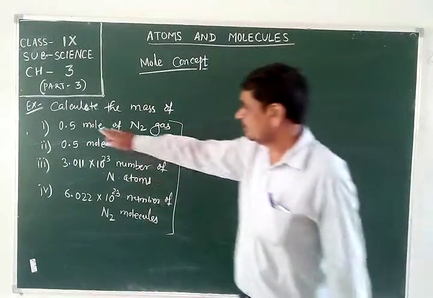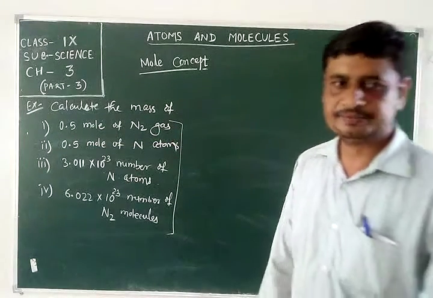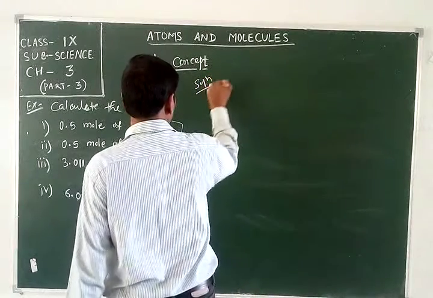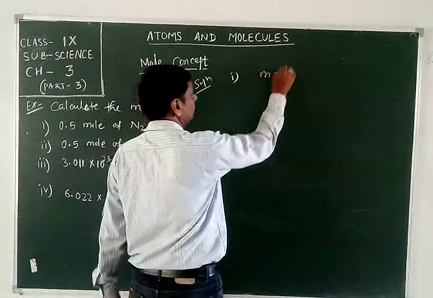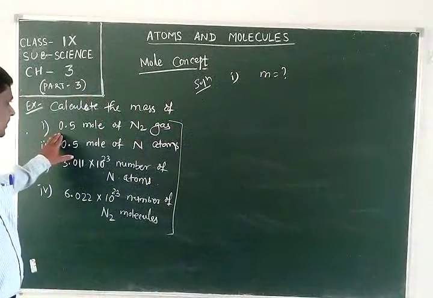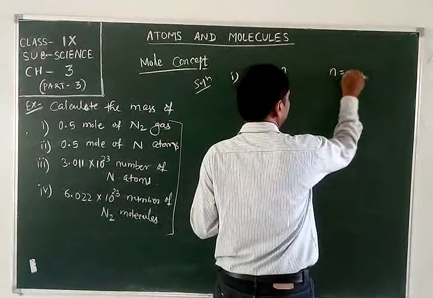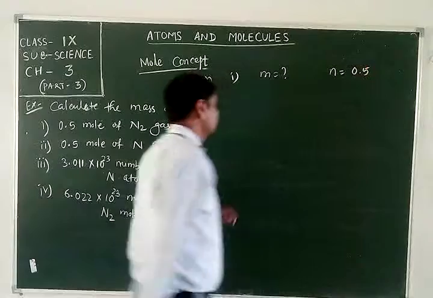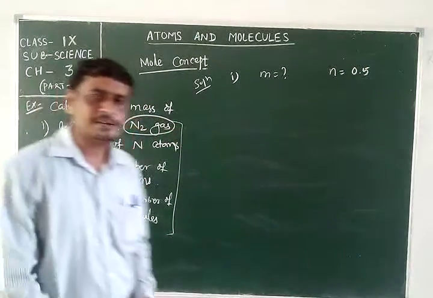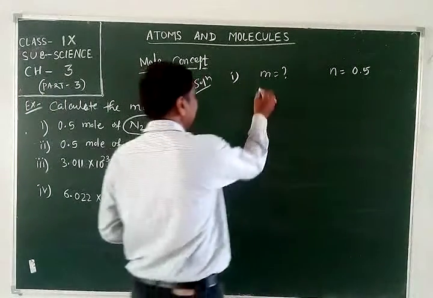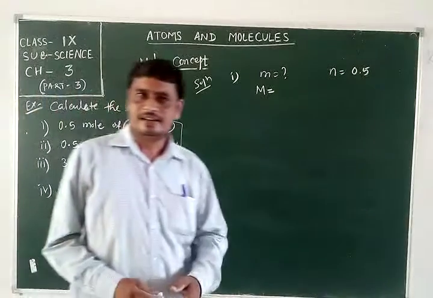First one is given as 0.5 mole of nitrogen gas. That is the molecule of nitrogen, N2 gas. We have to find mass, that is small m. It is given 0.5 mole, that is the value of n, 0.5. This one is given nitrogen gas, so we can find the molar mass of nitrogen gas, that is capital M. Two atoms of nitrogen are there.